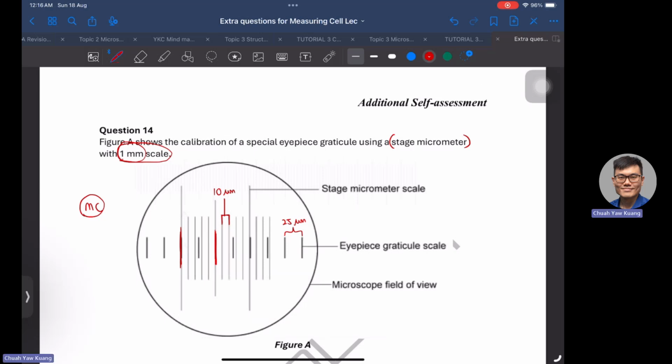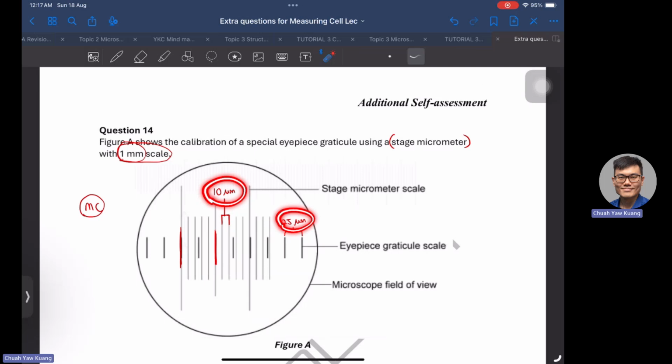Okay, so this would be step number 2. Before we proceed to step number 3, obviously this eyepiece reticule scale and the stage micrometer scale are a bit different here. Normally when we do this type of question, measuring the cell using the eyepiece reticule, 1 pitch on the eyepiece reticule is normally smaller than 1 pitch on the stage micrometer.